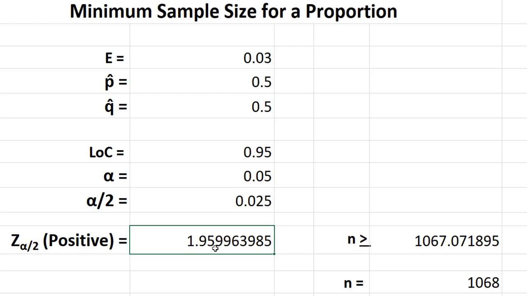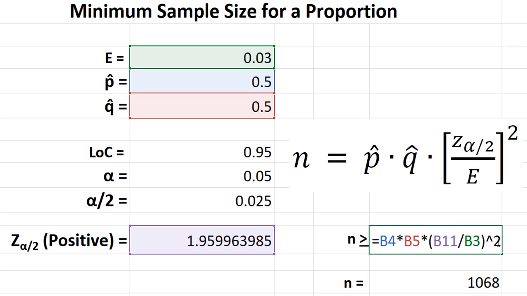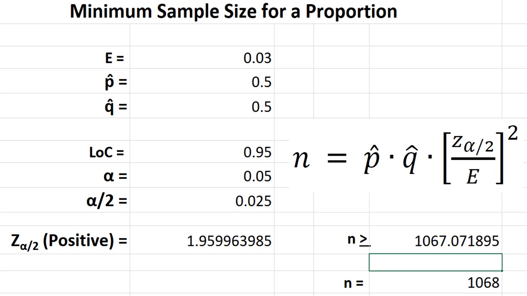When I crunch it in this formula, and again, here is the formula if you need to see it, when I put all that in the formula, I get 1067.071895. But because there's already something to the right of that decimal, we have to round up because we cannot have a portion of a whole for n.